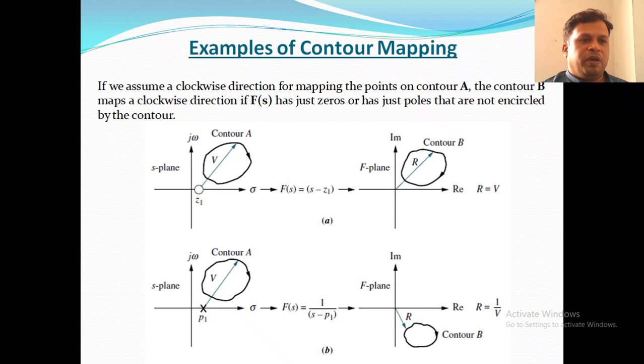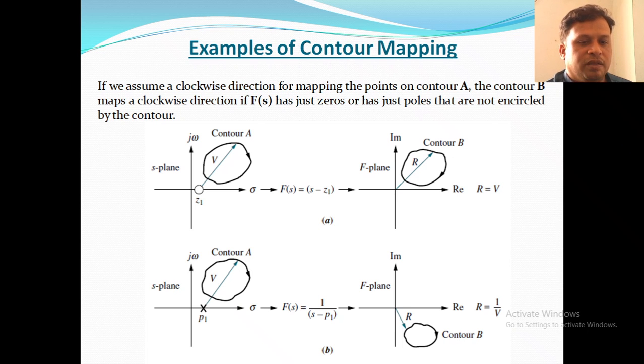In contour mapping, we assume the clockwise direction for the points on contour A, and contour B maps in a clockwise direction in f of s like this. Here f of s is equal to s minus z1 for a zero, and f of s is equal to 1 by s minus p1 for a pole. Zeros and poles can be plotted like this on the right hand side.